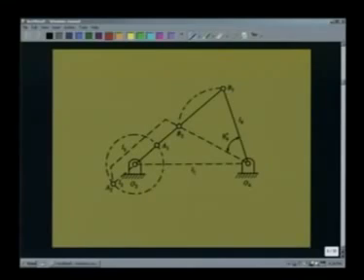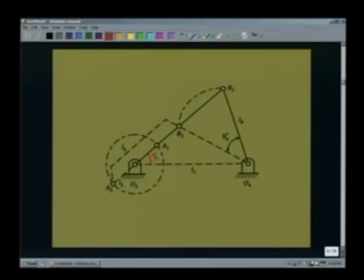If we consider the triangle O2, B1, O4, O2O4 is of length L1, O2B1 is of length L2 plus L3, and O4B1 is L4. Let us say this angle is denoted by chi.